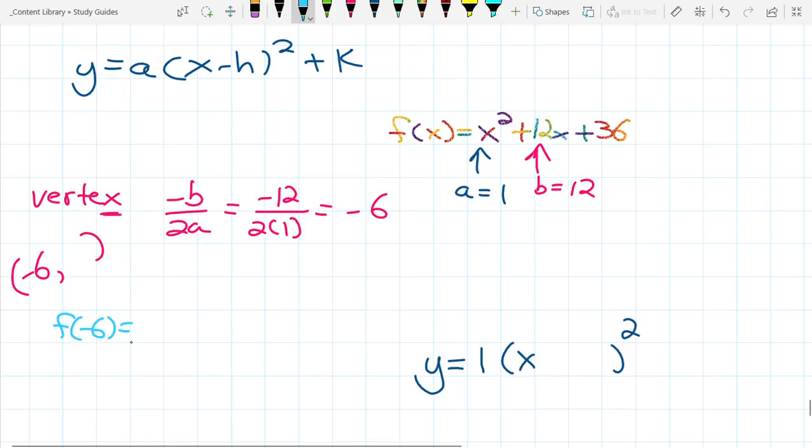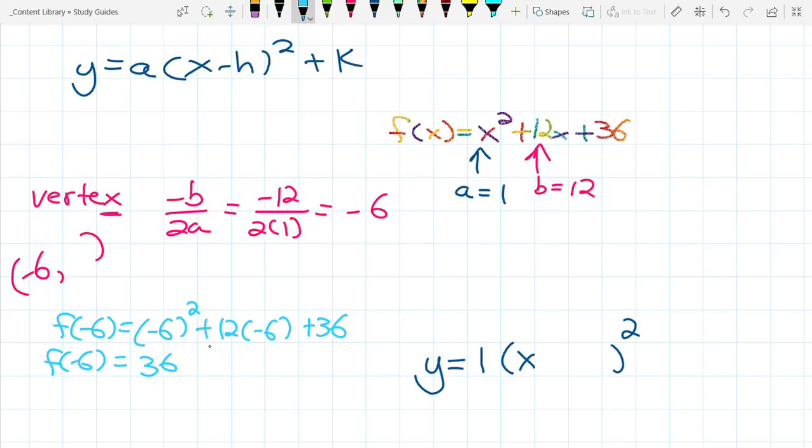So f(−6) is (−6)² + 12 times −6 + 36. (−6)² is a positive 36. 12 times −6 gives us −72. So now we subtract: 36 minus 72 gives us −36.